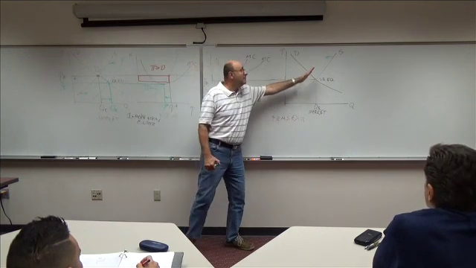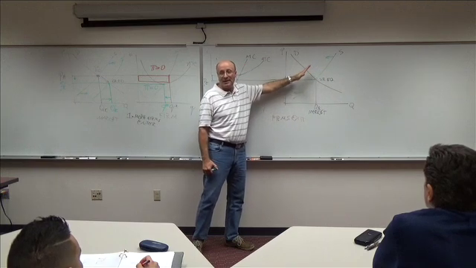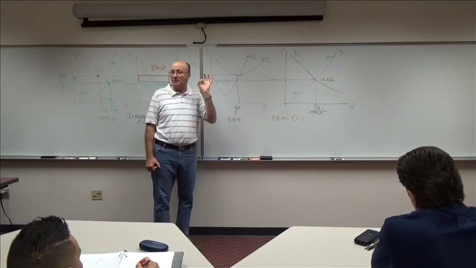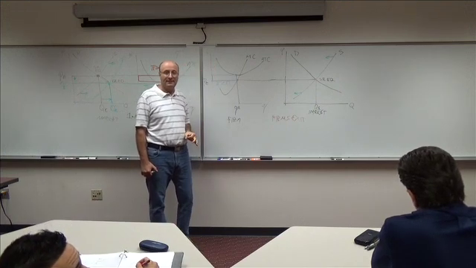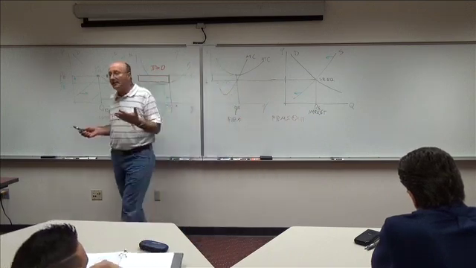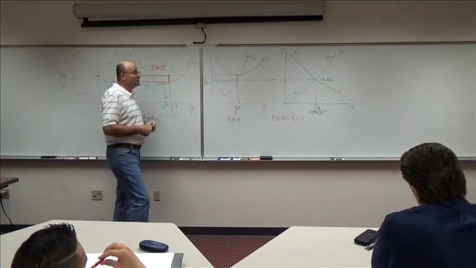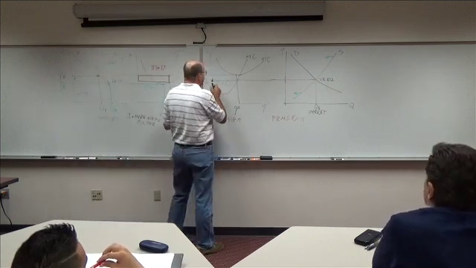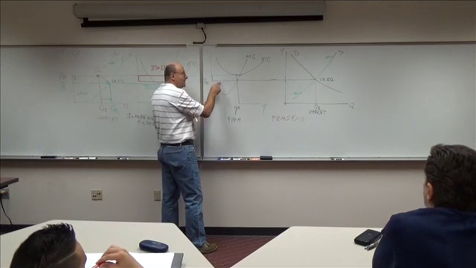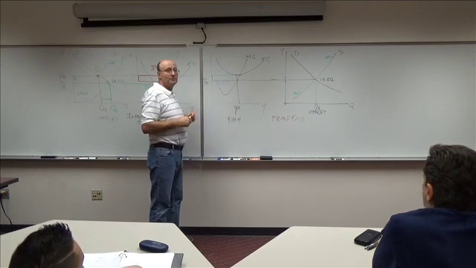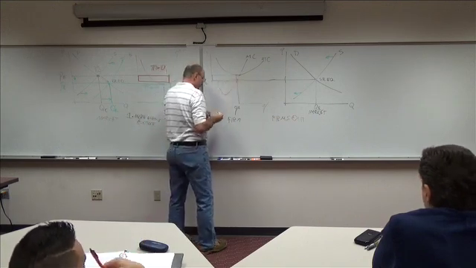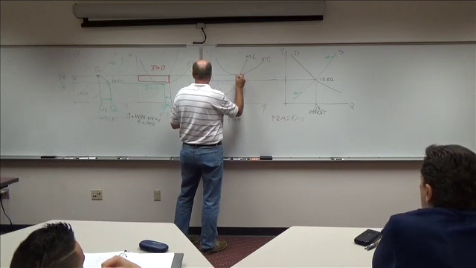And firms keep leaving the industry until that negative economic profit turns to zero, right? Until firms in this industry are doing just as well as they could anywhere else. My question is, how far does the price have to rise before negative economic profit turns to zero? And once again, this is the answer.